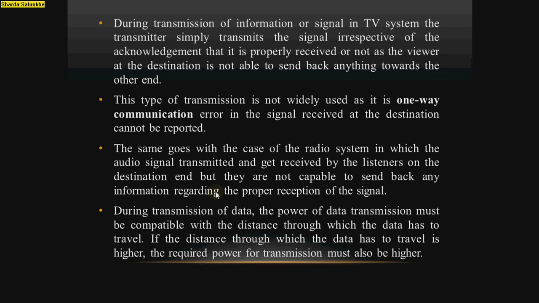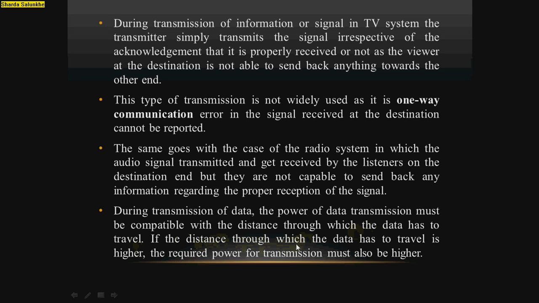The same goes for the radio system, in which the audio signal is transmitted and received by the listeners at the destination end, but they are not capable of sending back any information regarding the proper reception of the signals. And during the transmission of data, the power of data transmission must be compatible with the distance through which the data has to travel.